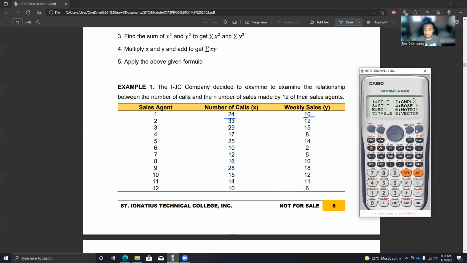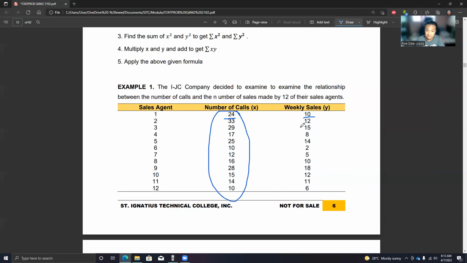Diri sa atong calculator, balik ta. Press mode, then start, then 2, press 2. Okay, so just list all this in our calculator.